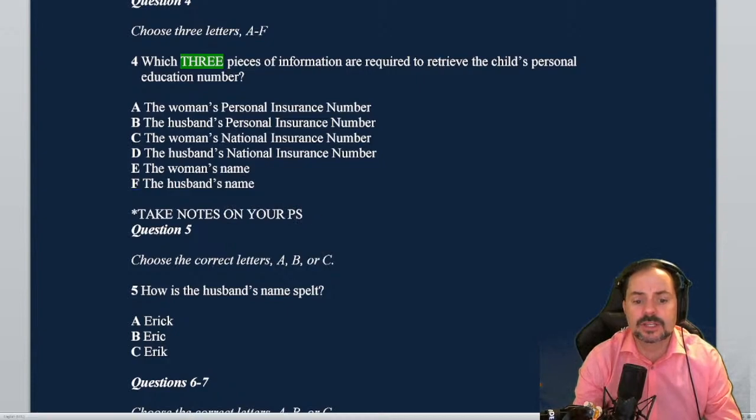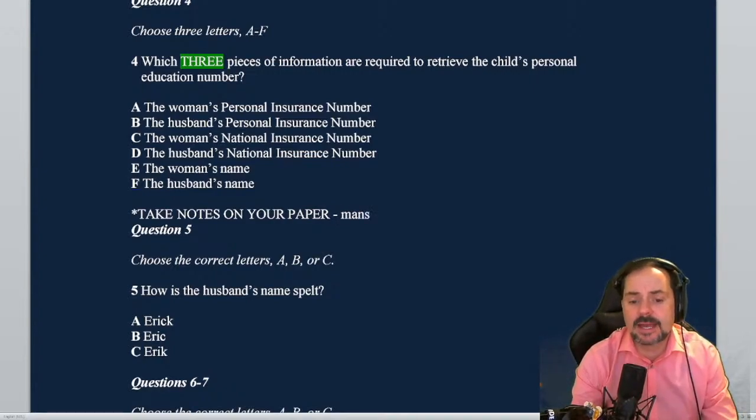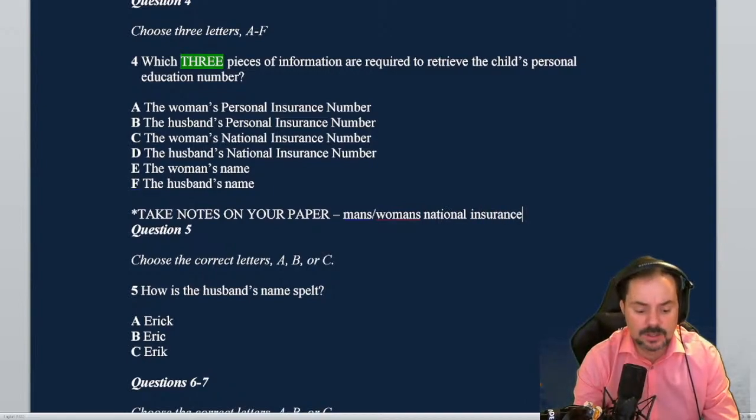And you can do this in the computer-based exam because you have a piece of paper, so you can take notes. Okay, and you should take notes like man's, woman's, national insurance number.